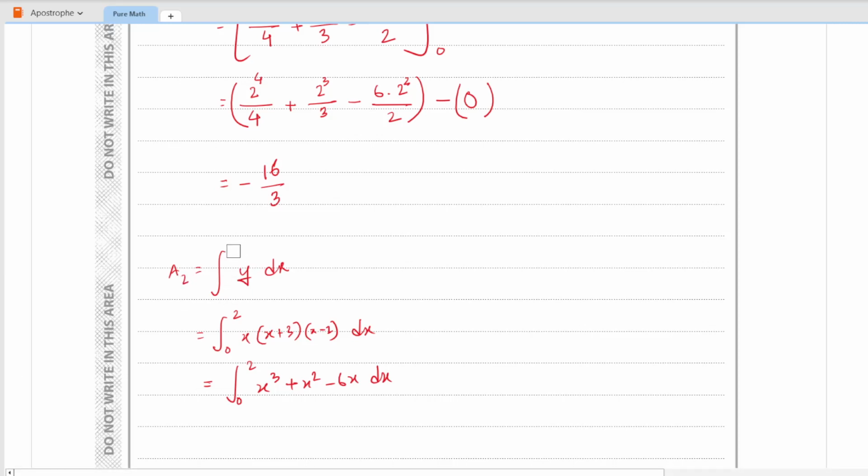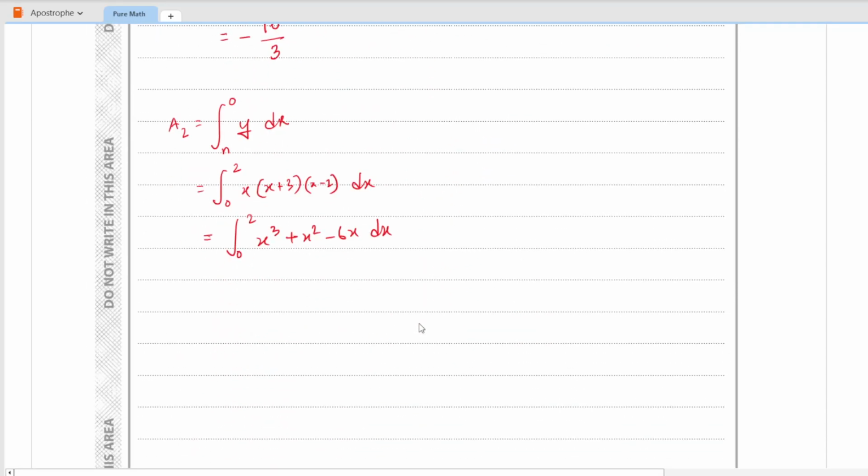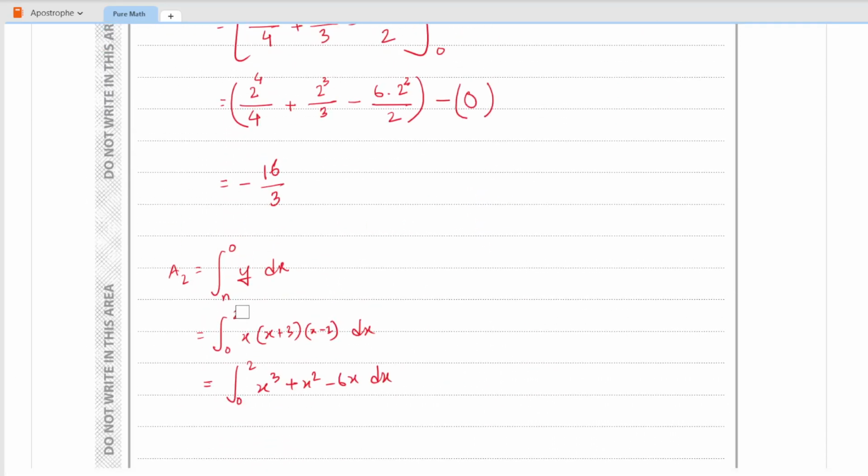Instead of 0 to 2, we will go from n to 0. Yn is the lower point, and this is the upper point. So lower to upper, n to 0. This is 0 here, so n to 0. So this is also n to 0.